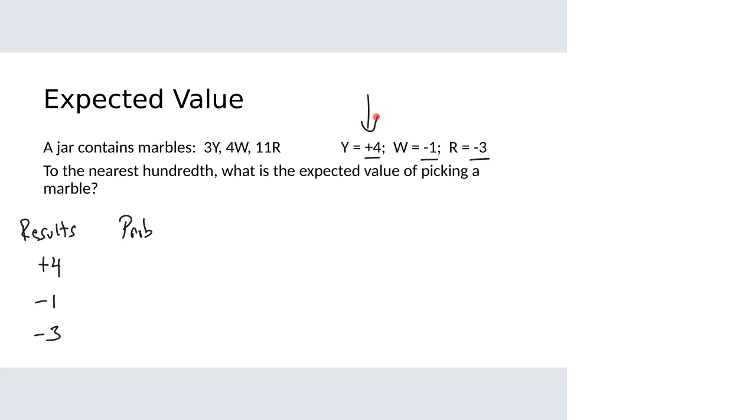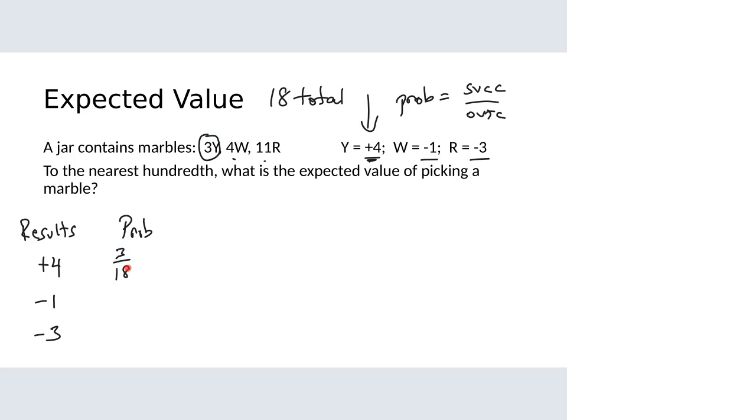So the probability of getting a yellow marble, that's successes over outcomes. And the total number of outcomes here, it's 3 and 4 is 7 and 11, so 18 total. The probability of getting yellow then is going to be 3 out of 18.